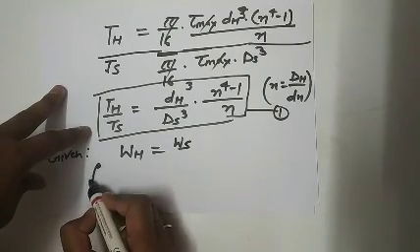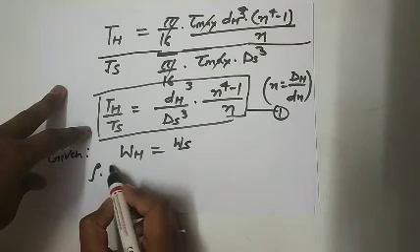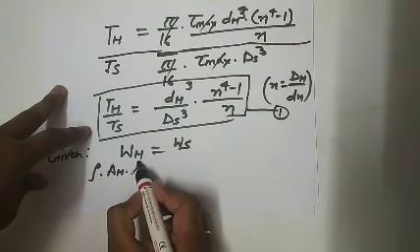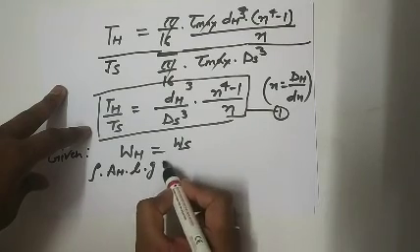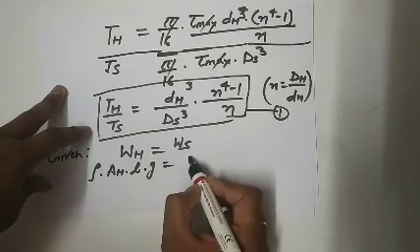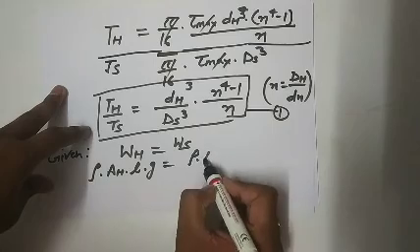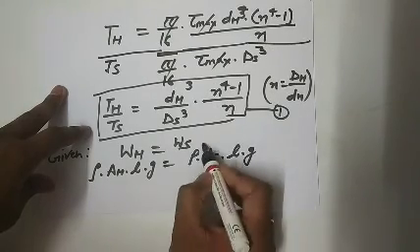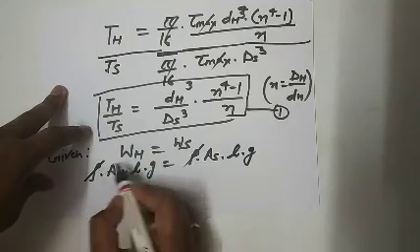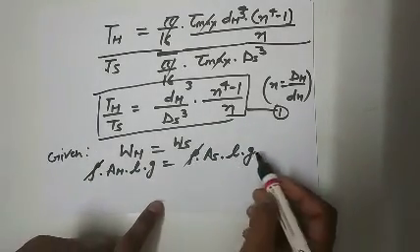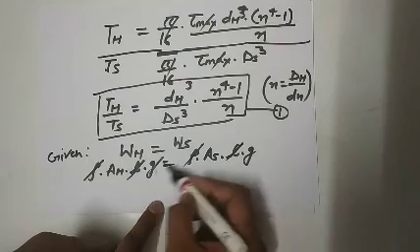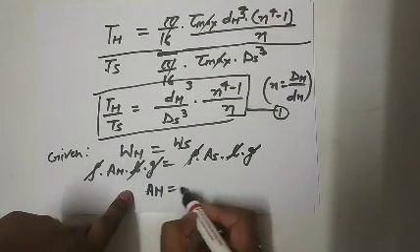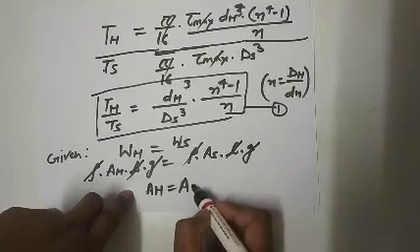So density is same, volume will be area into length. Weight of solid will be rho, area of solid section, length into g. Because both shafts are made of same material, rho will be cancelled out, length is given same, g will be cancelled out. Finally, this will be equal to Ah equal to As.